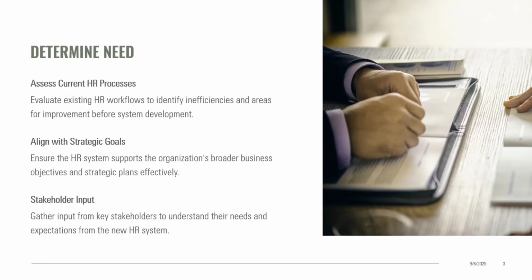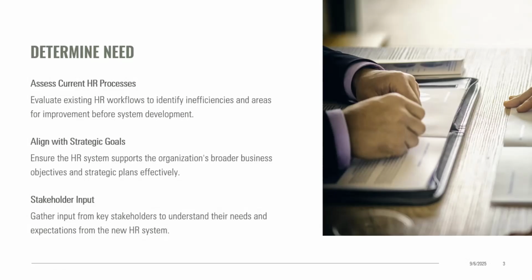The next is aligning with strategic goals, to ensure that the HR system you are developing supports the entire organization and achieves the broader objectives of the business. Plan strategically, and effective results will be obtained. Next, the most important when determining the need is that input should be taken from the various stakeholders.